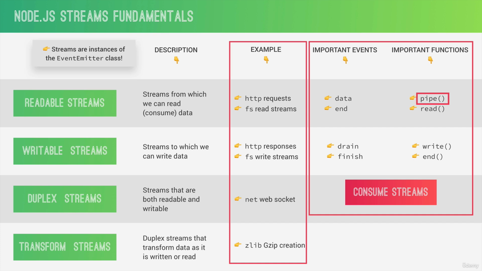We could of course also implement our own streams and then consume them using these same events and functions. That, however, would be a video for another time, because in order to build most apps, it's most important to know how to actually consume streams, not really how to implement them. Alright? So let's now move on and actually use streams in practice.